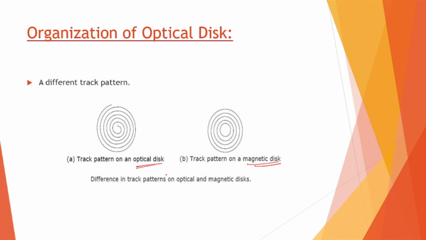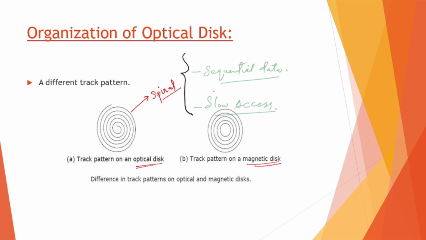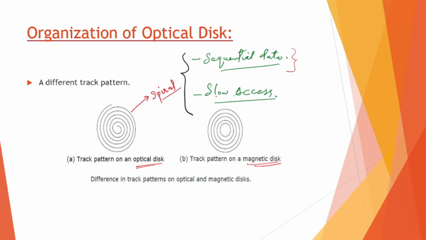It helps us to achieve sequential data of huge size. The spiral track is ideal for reading large blocks of sequential data such as audio or video, and it however has slow access, because of this only one track. This was a little organization of optical discs, how optical discs look.